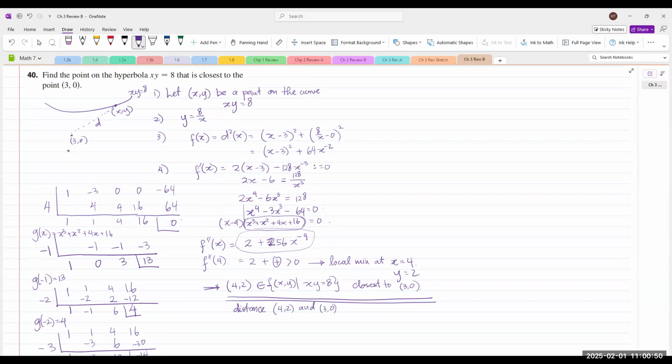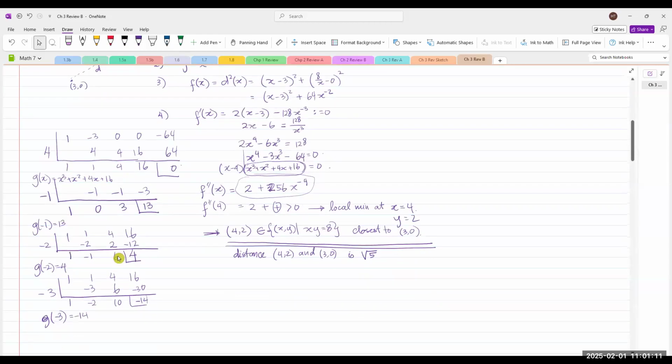It is the square root of 5, huh? 1 squared plus 2 squared is the square root of 5. Is there any way to be closer than that? Let's see. We don't know.